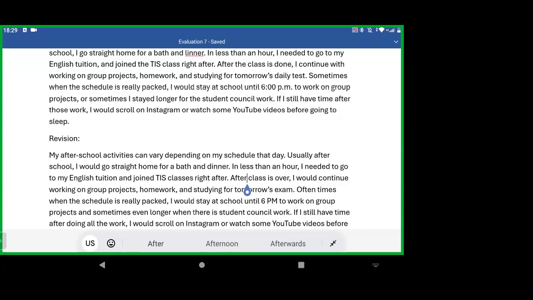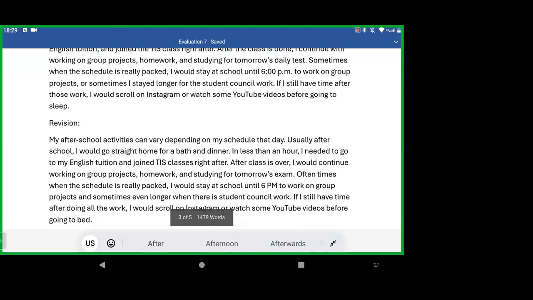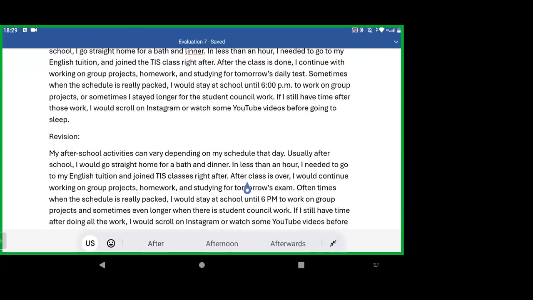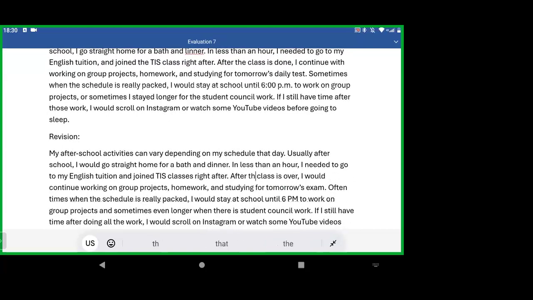The next one is "After class is done, I continue with working on group projects, homework, and studying for tomorrow's daily test." So instead of saying "after class is done," I'm just saying "after the class is over," to emphasize that.